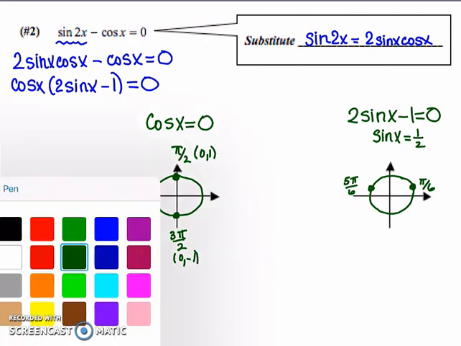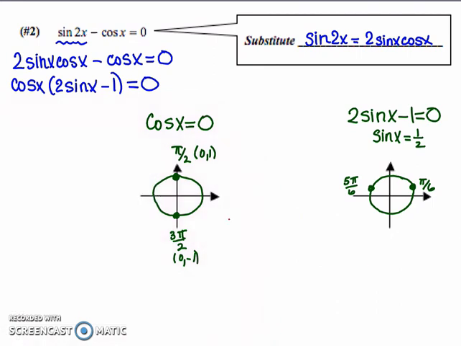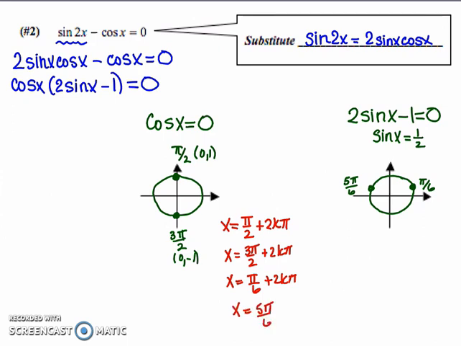So our solutions are going to look like x equals pi over 2, and again we're finding all solutions, so plus 2k pi, x equals 3 pi over 2 plus 2k pi, x equals pi over 6 plus 2k pi, and x equals 5 pi over 6 plus 2k pi.